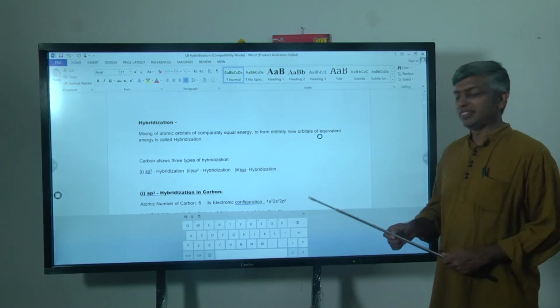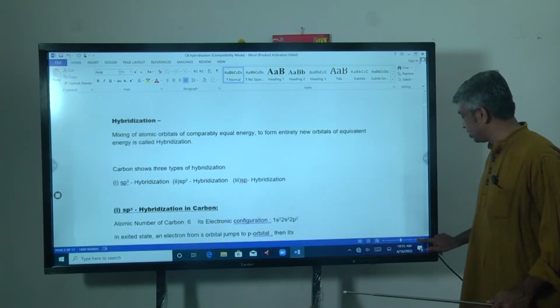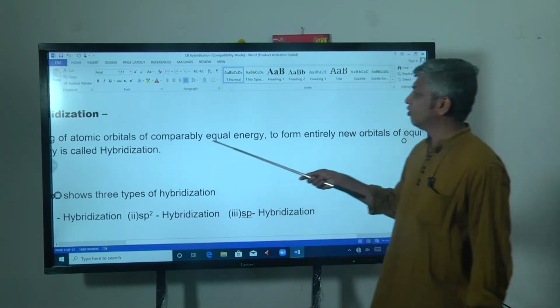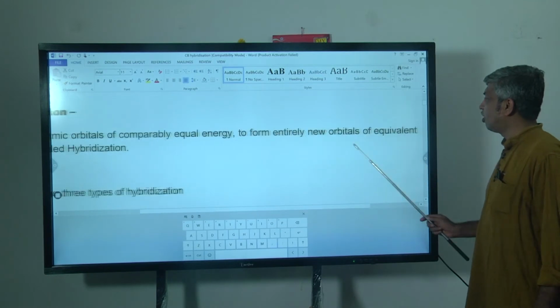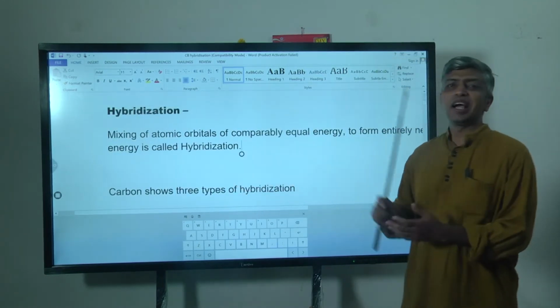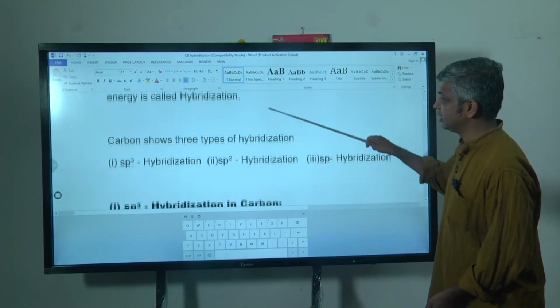That means many atomic orbitals of comparable energy combine to form entirely new orbitals of equivalent energy, which is called hybridization.